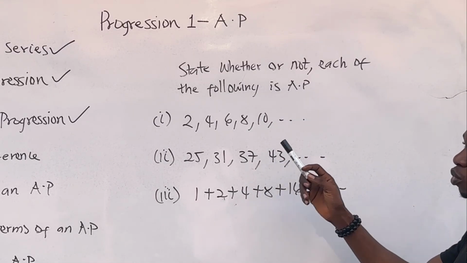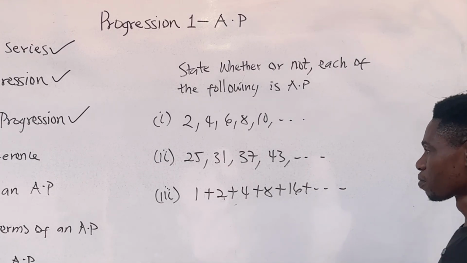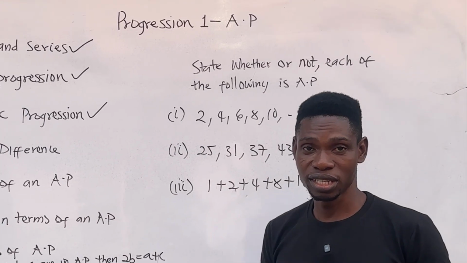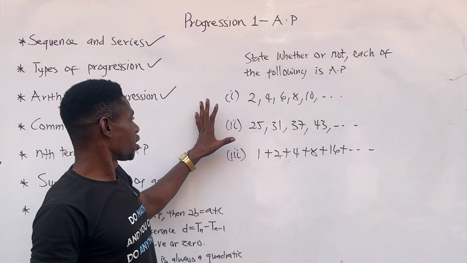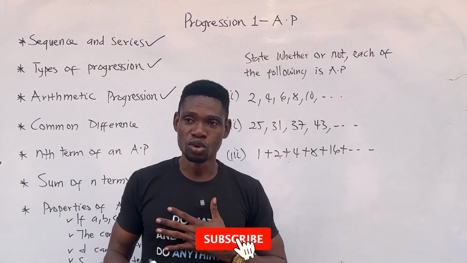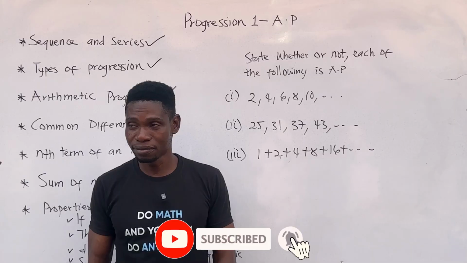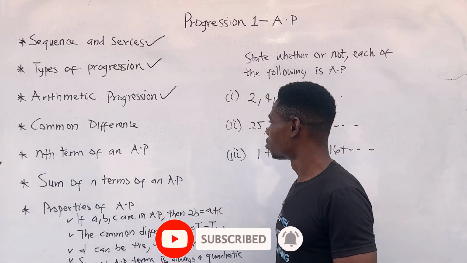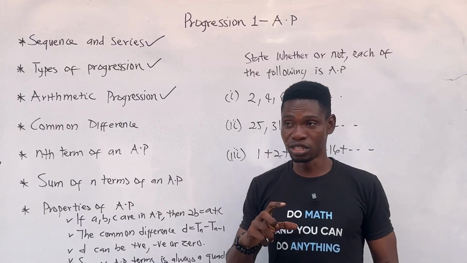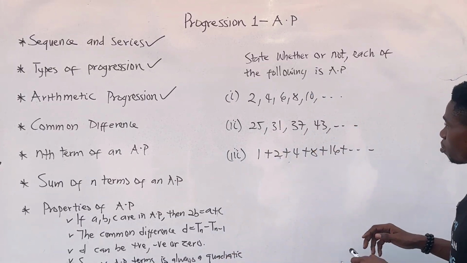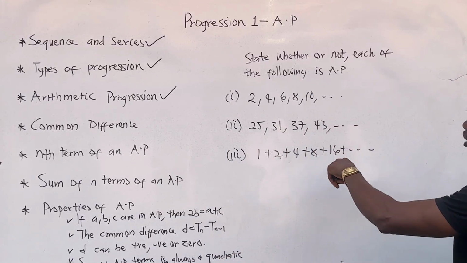So for number 2, tell me whether it's an AP or it's not an AP. And number 3 also, tell me whether or not it's an arithmetic progression. Now that we know what an arithmetic progression is, we can now look at how to solve problems on AP. But let's understand the concept of common difference very well, and then we'll proceed. Please, I'm waiting for your answer in the comment section.